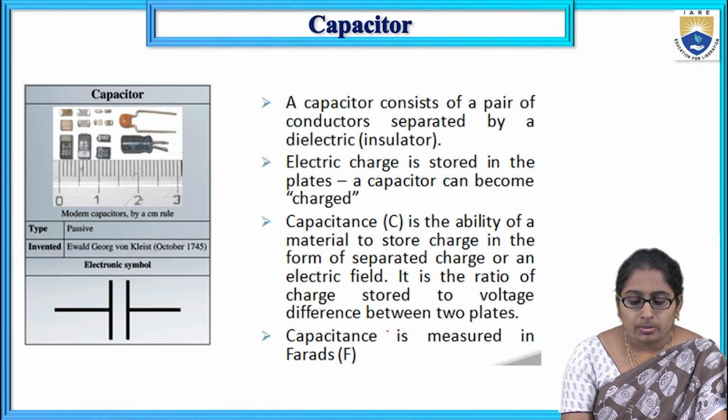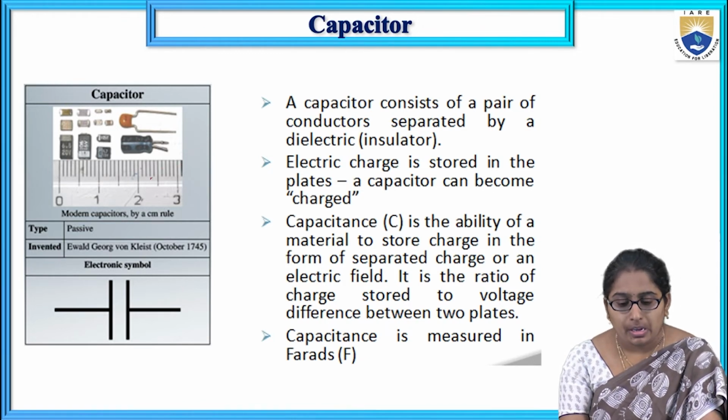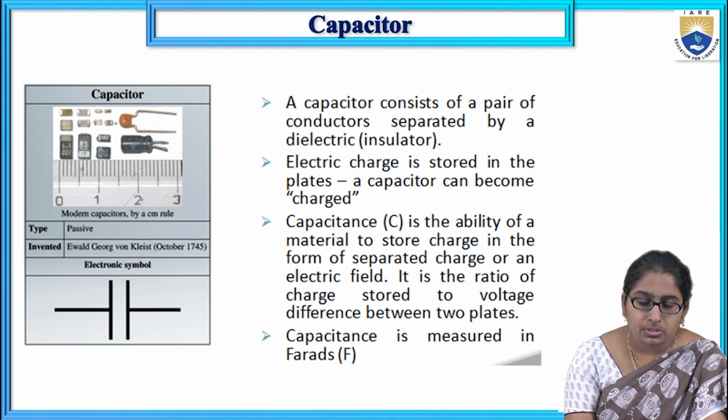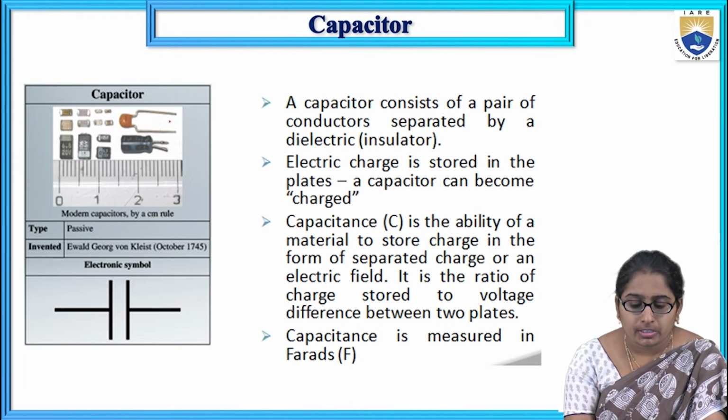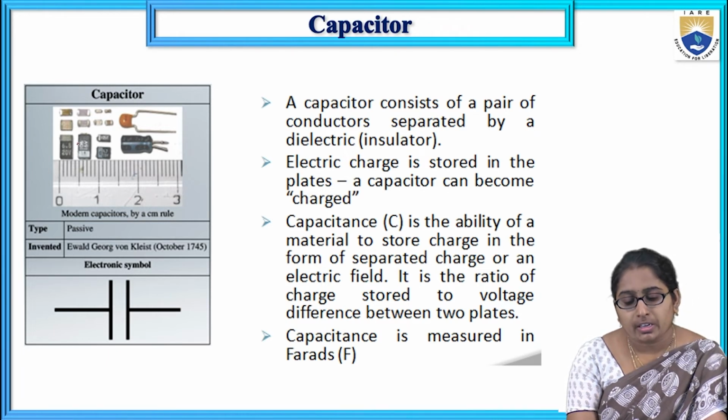Now look at the left side, the physical appearance of a capacitor. It is shown here based on different ratings. It has two terminals, so it is a two-terminal device. A small rated capacitor looks like this brown one, a little bit bigger one looks like this black one, and on the other side there are other rated capacitors also.